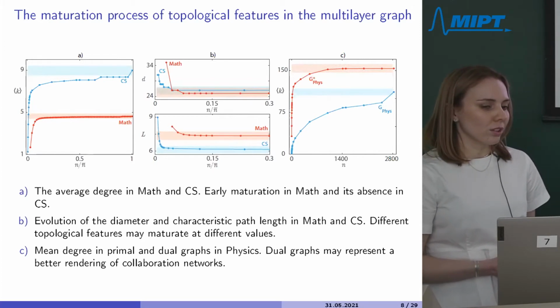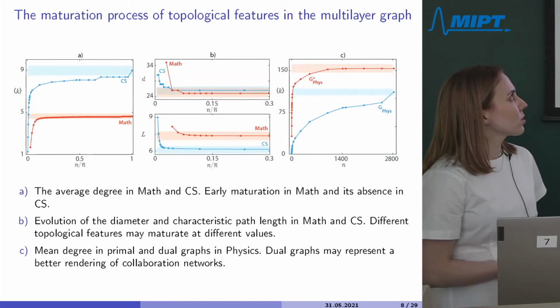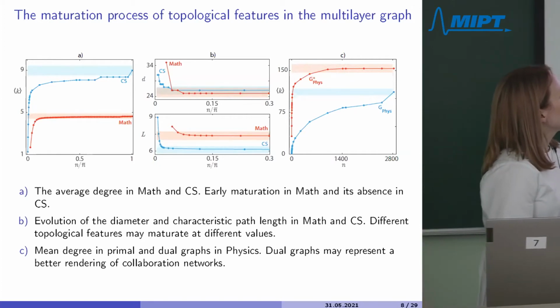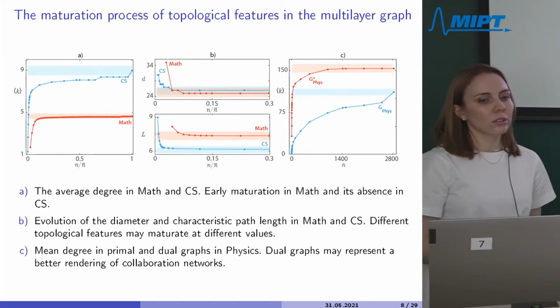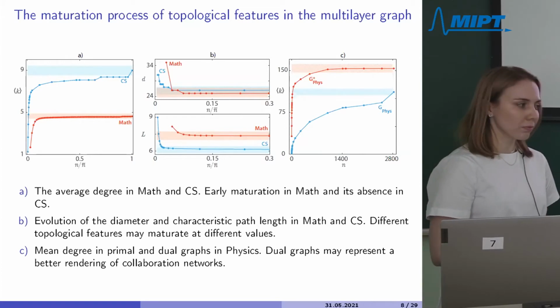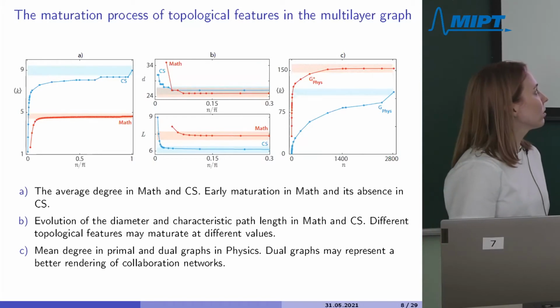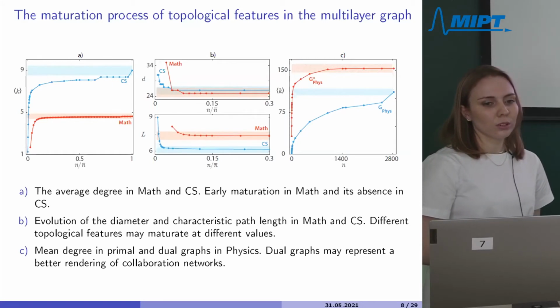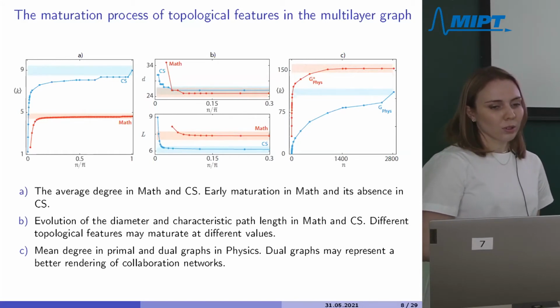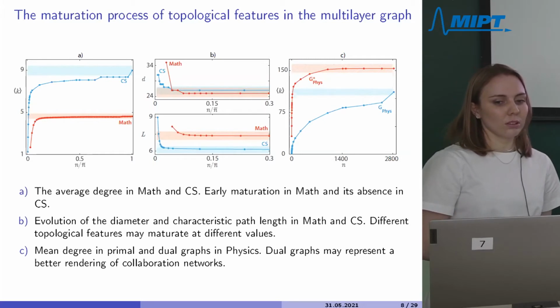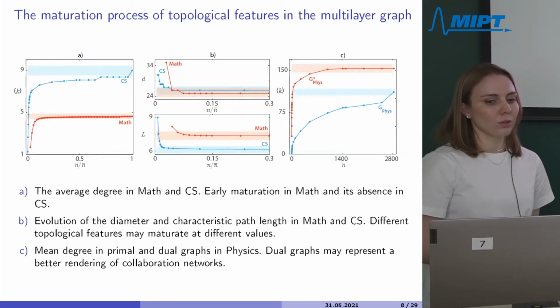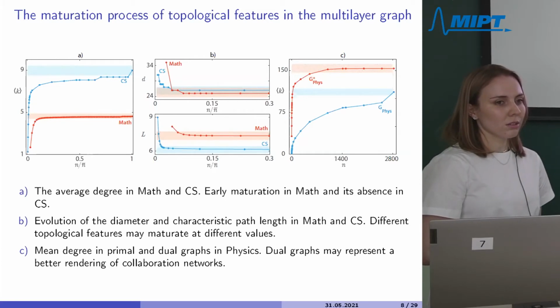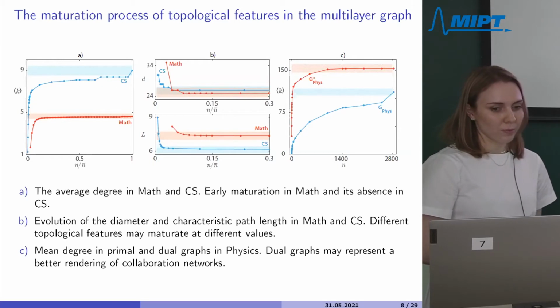Here, the shaded area demonstrates the 5% interval from the final value in the whole graph. And here we can see that in math we see early maturation of the mean degree. However, in CS, this value does not maturate.